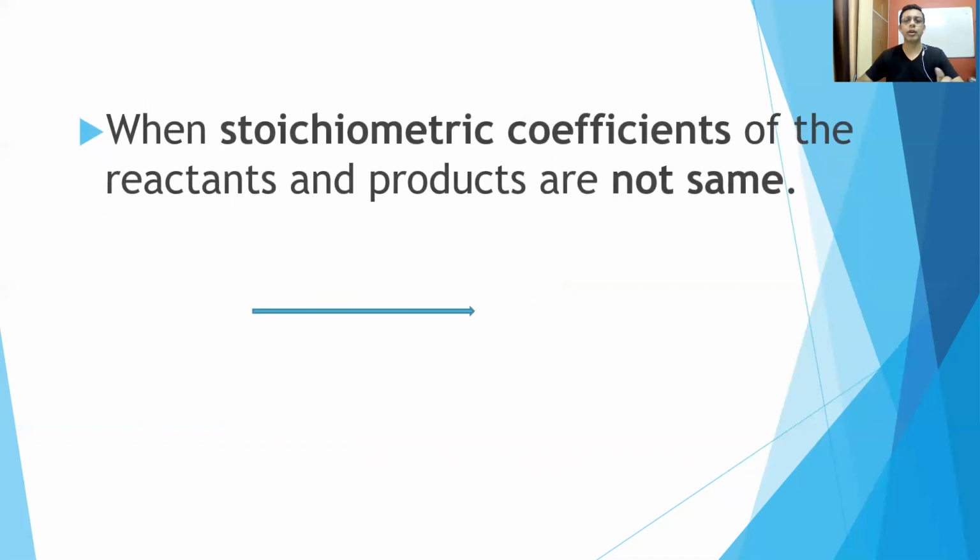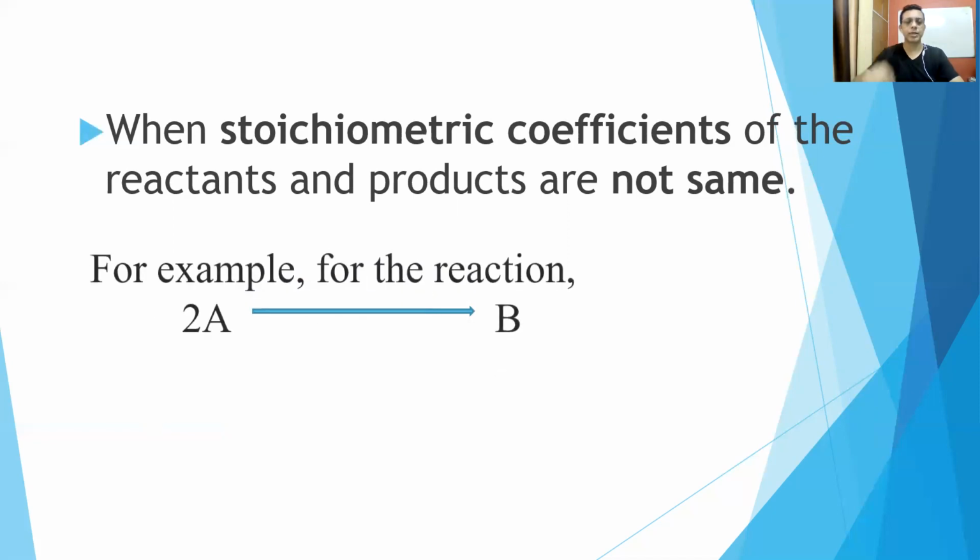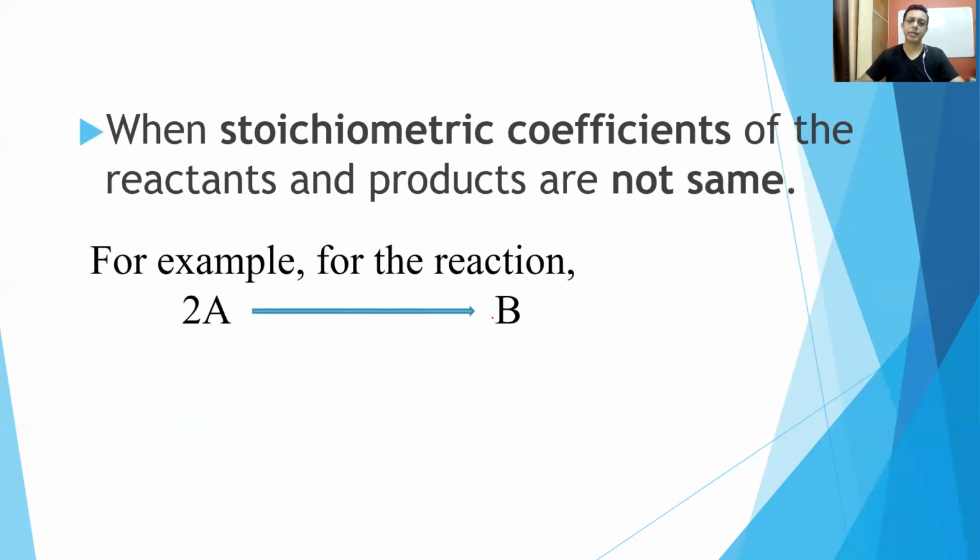But we may have cases where the coefficients are not equal, not the same. In this type of case, the rate of disappearance of the reactant and the rate of appearance of the product are not equal. Suppose we have this reaction, 2A gives B. In this case, when 2 moles of A react, 1 mole of B is formed.